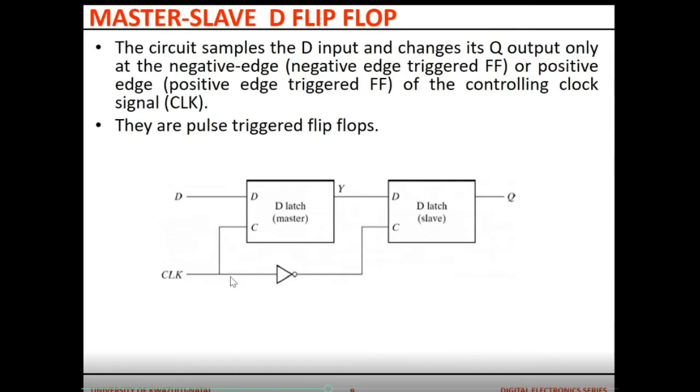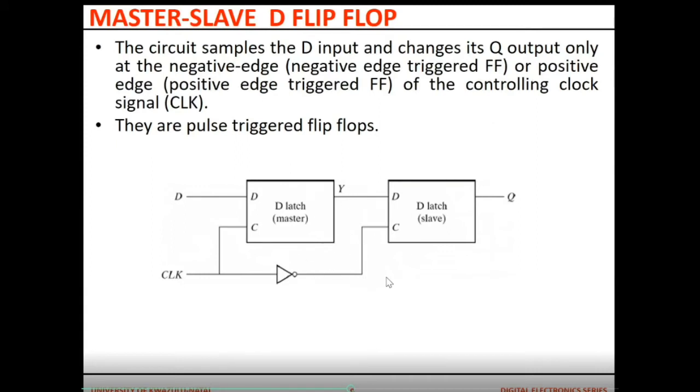The first circuit samples D at any time. Look at how the clock is connected. When it is high, it enables the master. When it is low, it enables the slave. So the slave will only respond to the master when the clock changes from high to low. You can even look at it as negative edge triggered for this particular one.